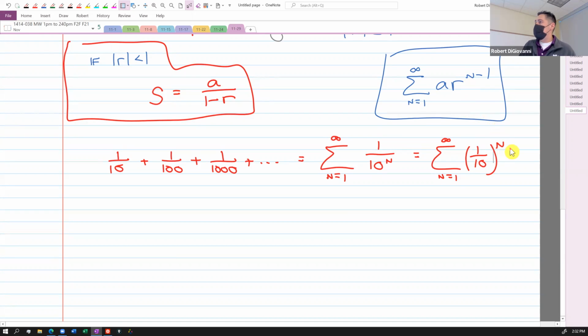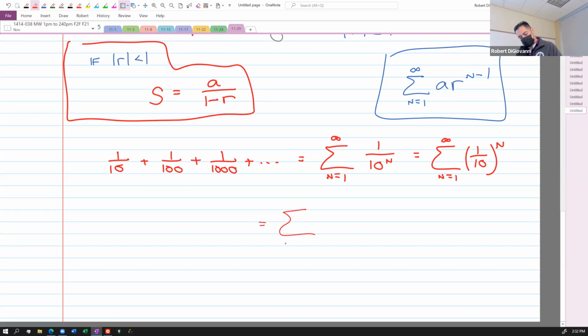I need this to be an n minus 1. How do I make that happen? Minus 1 and plus 1, right? So I'm going to do that on the next line. This is equal to the sum n equals 1 to infinity, (1/10) to the n, here it comes, minus 1 plus 1.